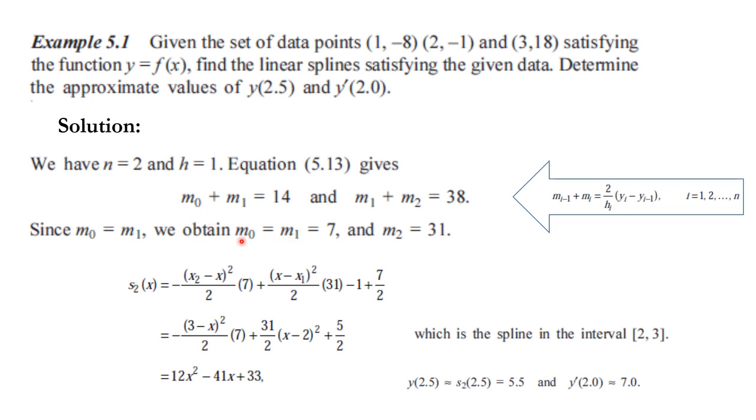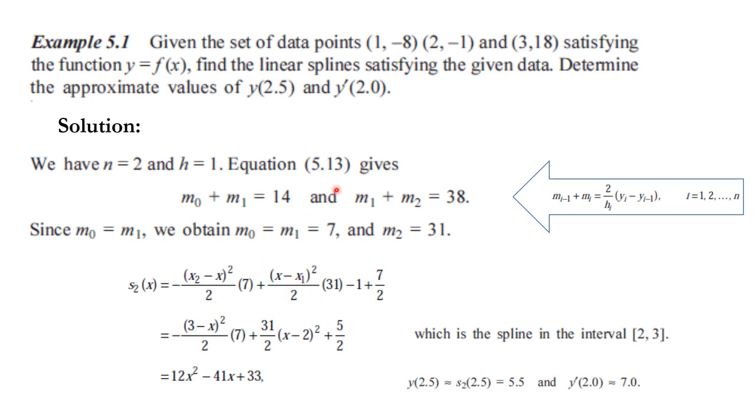So m0 is equal to m1 is equal to 7. So we get m2 is equal to 31. So now we can write the form of s1 of x or s2 of x. Here we choose the s2 of x. So s2 of x is like this. Just substitute the m values in the Si of x function.